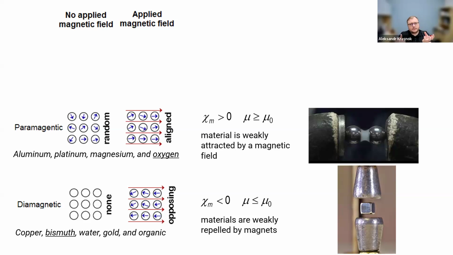If you have a magnet, right, in the atmosphere, we of course have oxygen in the atmosphere. So if you have a magnet, okay, there is a slightly larger concentration of oxygen around the poles of your magnet.